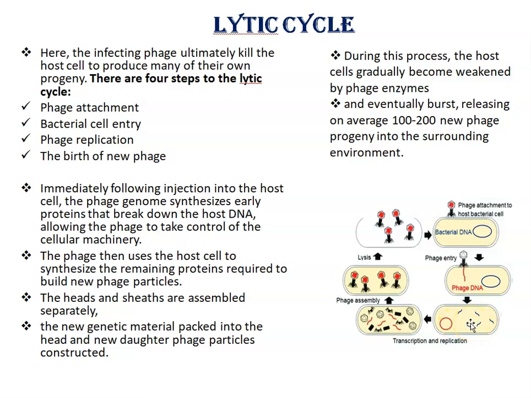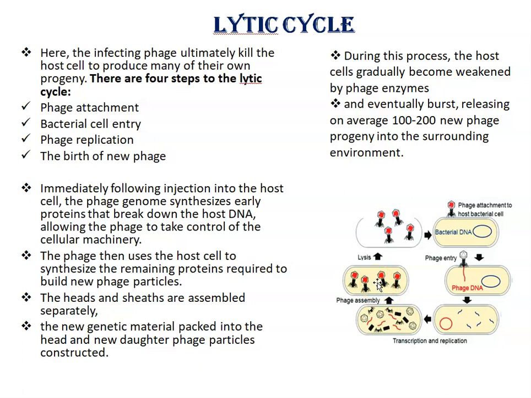The phage then uses the host cell to synthesize the remaining proteins required to build new phage particles. Then head and sheaths are assembled separately. New genetic material is then packed into the head and new daughter phage particles are constructed.